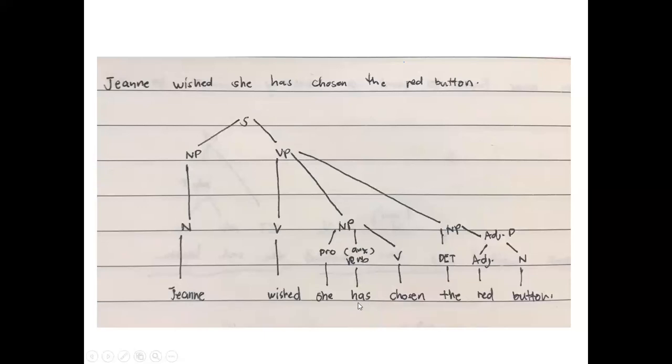Has is an auxiliary in here, it is still a verb, so it is considered just as what I mentioned earlier. Next, chosen is a verb, but we have a pronoun in here that we consider a noun, so this will be a noun phrase, and we have a noun phrase again, the determiner.